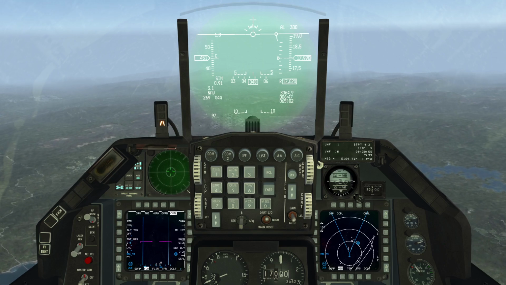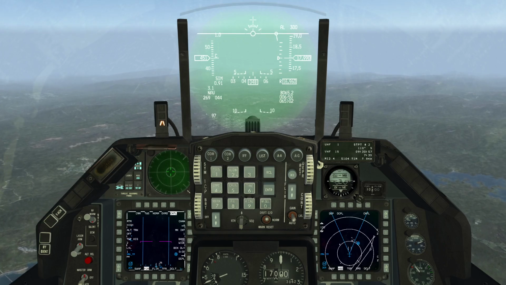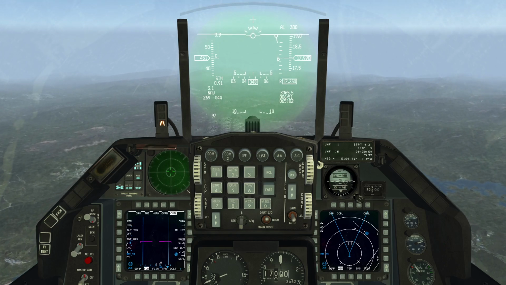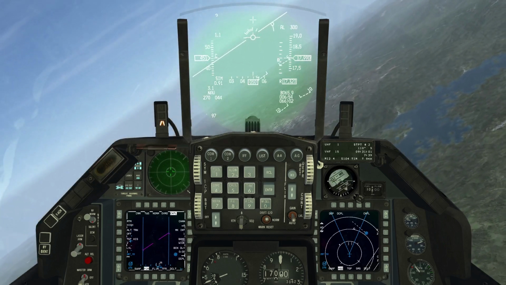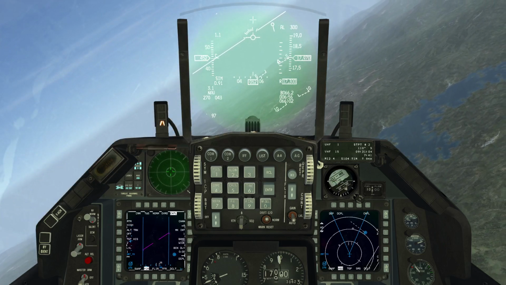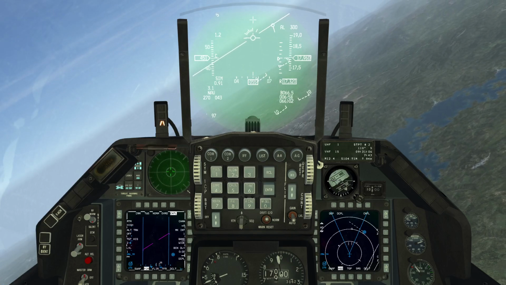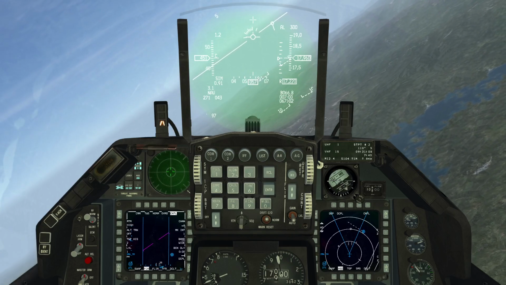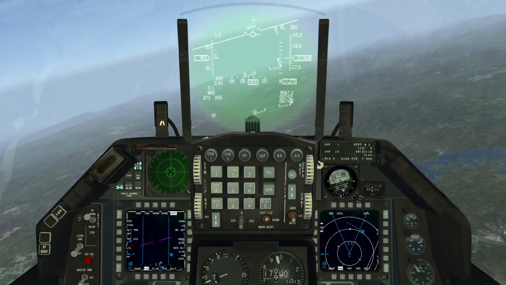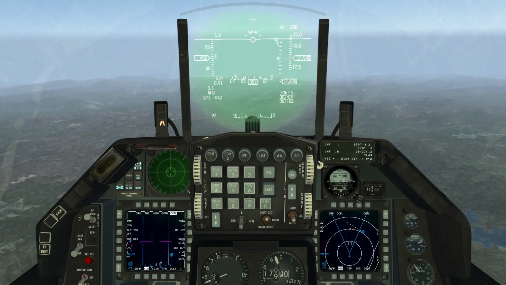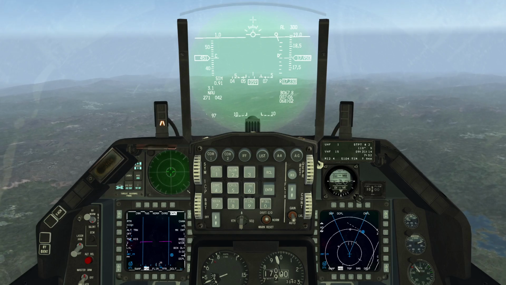I mean, while I'm turning toward the target, that just helps, it just rings in my ear better. I can remember that better. 315 at 55 just sounds better to me than 313 at 54.